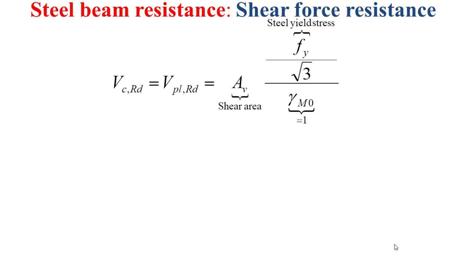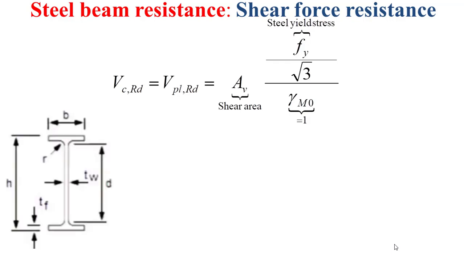The shear area AV, I will explain next in this educational video, and Fy is the steel yield stress, and I explained how it is determined based on the steel grade and the thickness in the previous educational video, and gamma M0 is equal to 1 as I explained in the previous video.